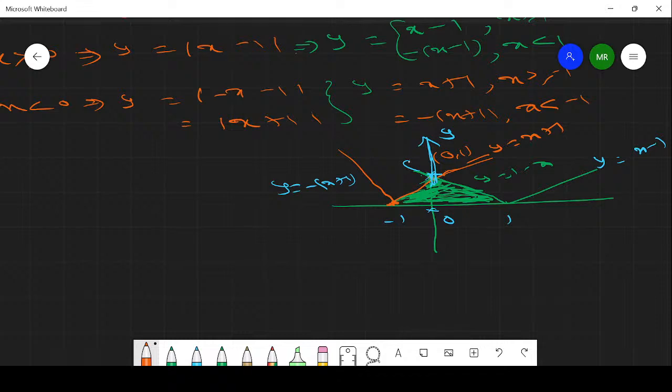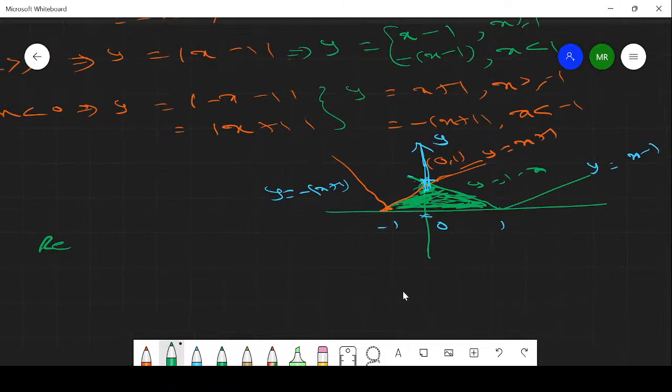Now the required area. The shaded area is the required area.